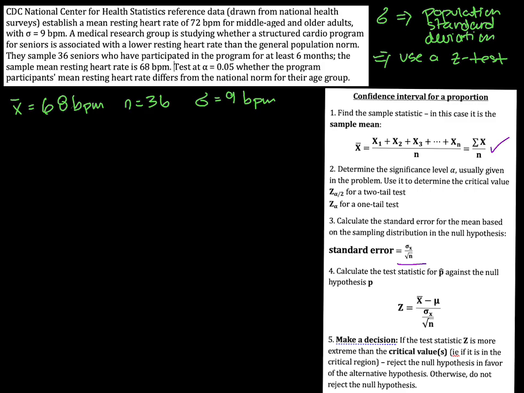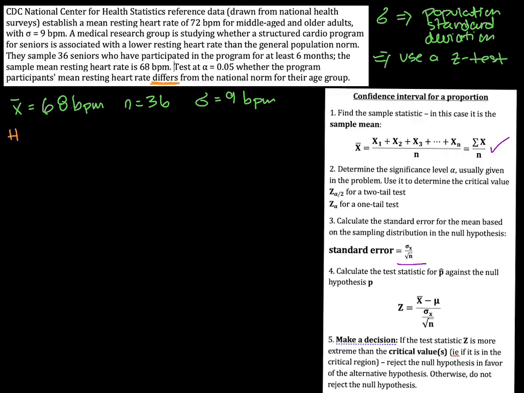Okay. So we have the mean. Now we need to establish the null and alternative hypothesis, in order to know what critical values we're going to use. So here it says test whether the heart rate differs. So again, it's saying differs, so we're going to use a two-tailed test.